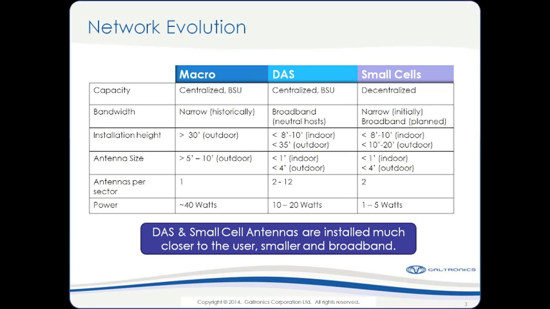When you look at DAS installations, we now have these radiators installed within a few feet of the user or at heights of around 8 to 10 feet for indoors, or on utility poles of less than 35 feet.